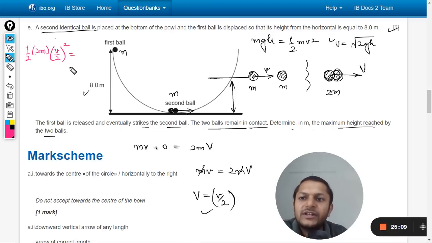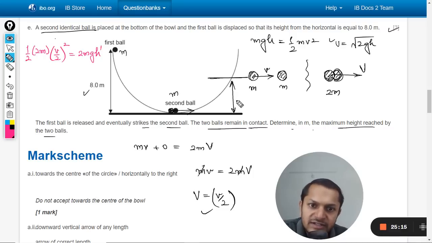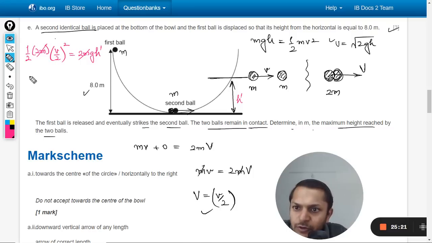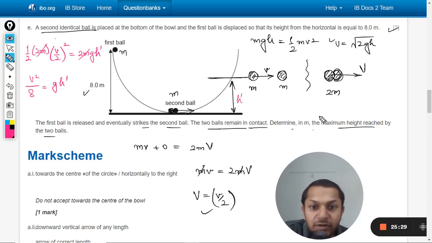This will be equated with the total potential energy, which will be 2m g into h dash. This height is h dash. 2m and 2m are getting cancelled out. It becomes v square by 8 is equal to g h dash, and we must find the value of v square.